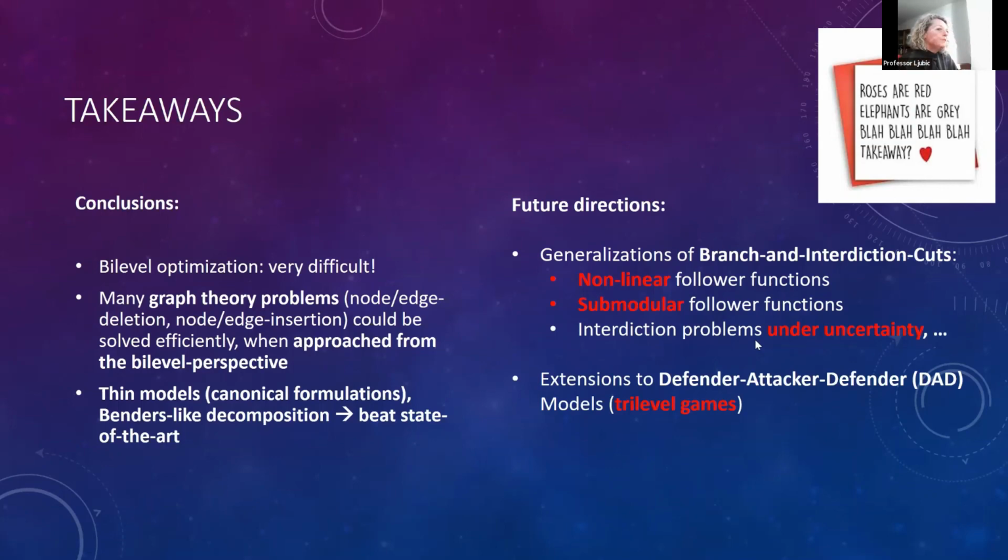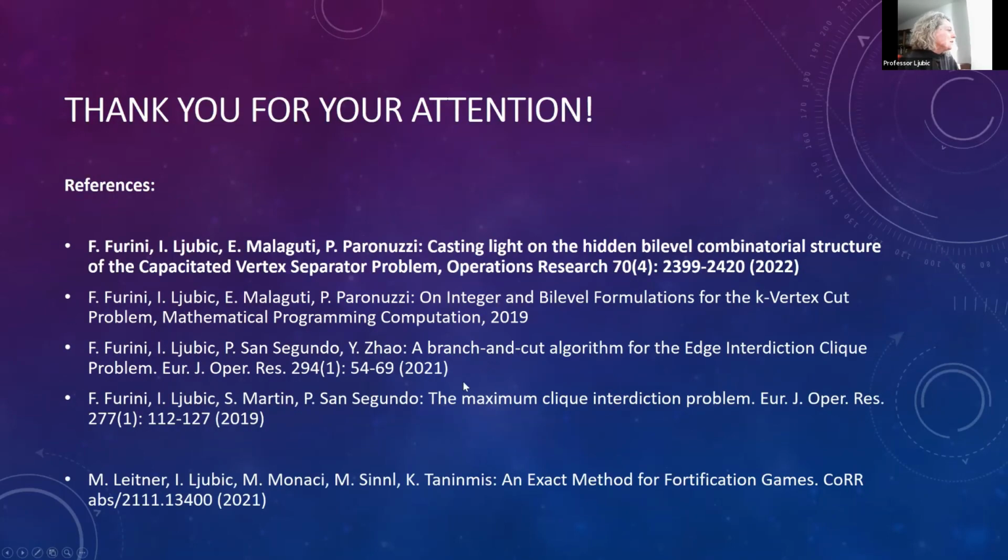Because we have two players, we have different stages where the uncertainty can be revealed. It can be revealed for the follower before making the decision or after making the decision. And so there is really a rich field of possible research questions. And then we have three-level games. So I'm giving you just a few references of some related work that I've been working on in the last few years.